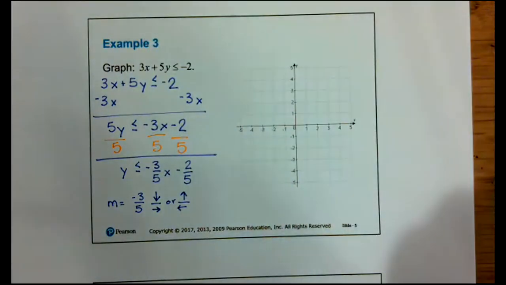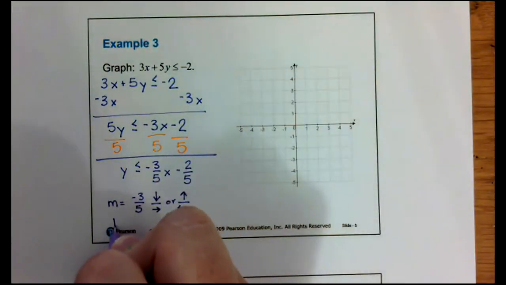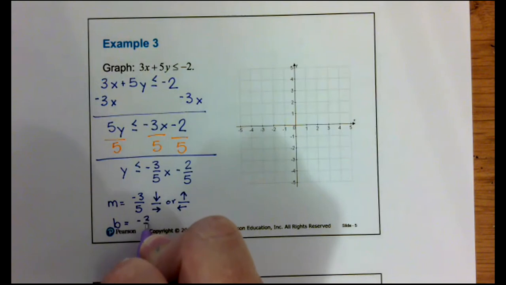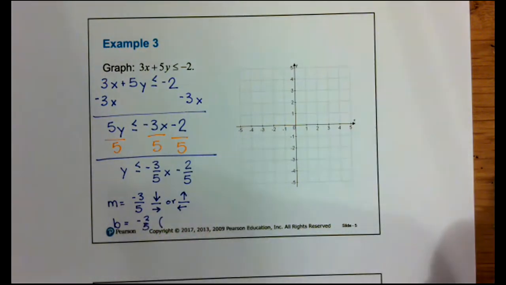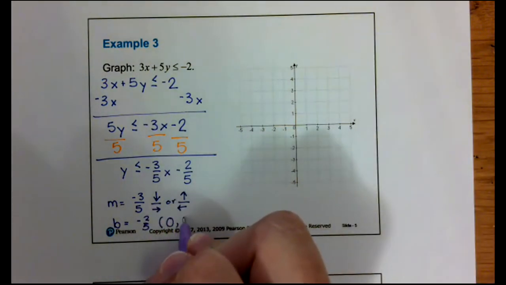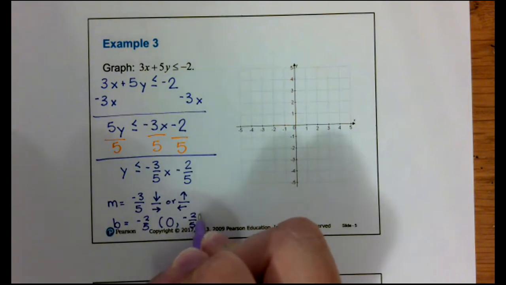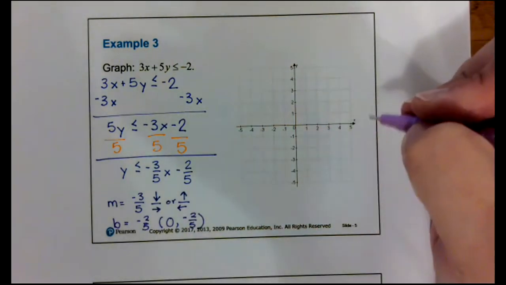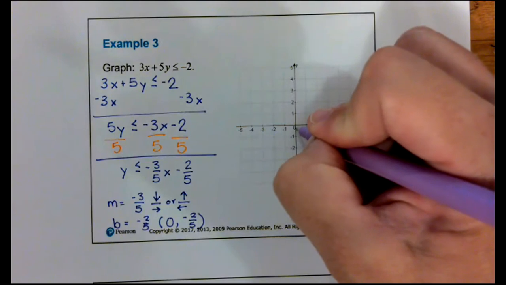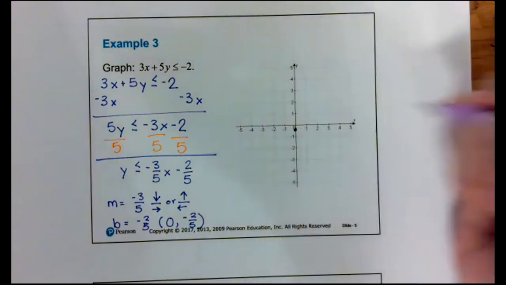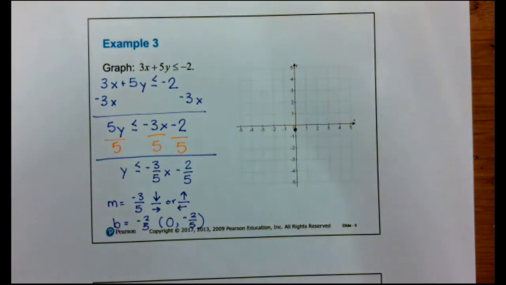It's negative, so it's going to be going this way. And our y-intercept is -2/5, which means it crosses y at 0, -2/5. That's less than halfway between 0 and 1, so I'll just put it there.